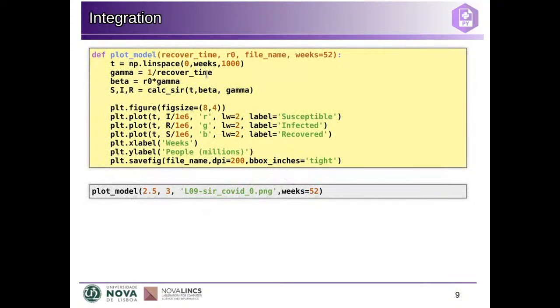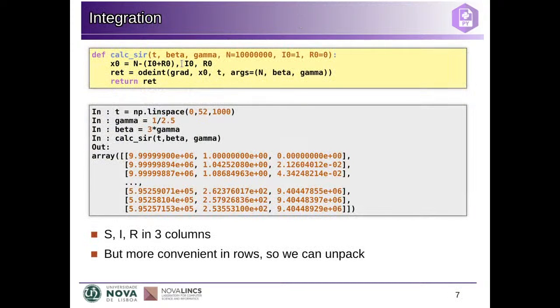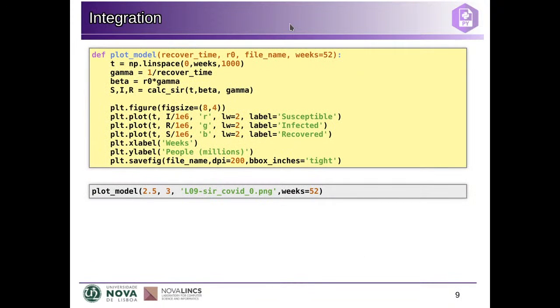And this vector with 1000 points is what the odeint function uses to determine for which time steps we want the integral to be computed. So it's going to give us as many values as those time steps for the different variables in our model.